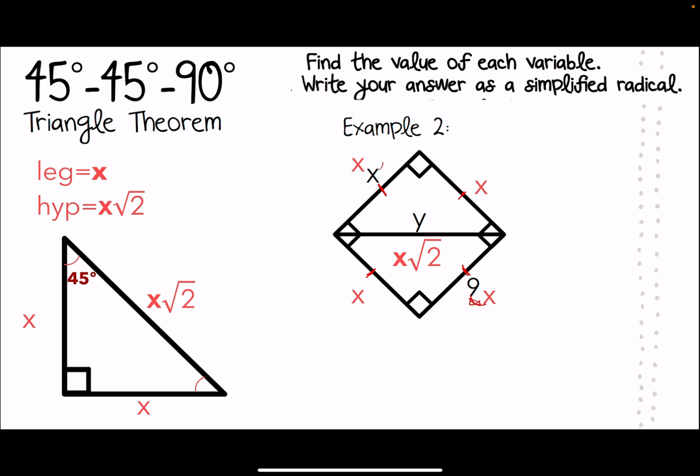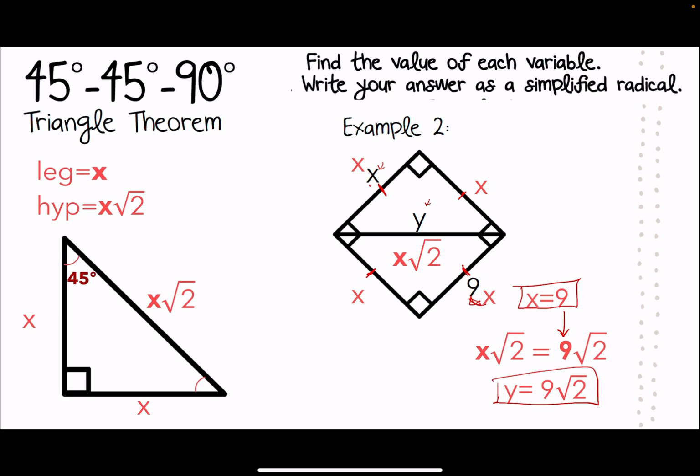And remember, I'm ignoring these two right now. So I've got 9 as x, and I'm going to take that as x square root of 2 is equal to 9 square root of 2. You just drop it in there. It's just a placeholder. And that means that x that they wanted from us is equal to 9, and y is equal to 9 square roots of 2, because it's the hypotenuse of both of those triangles.